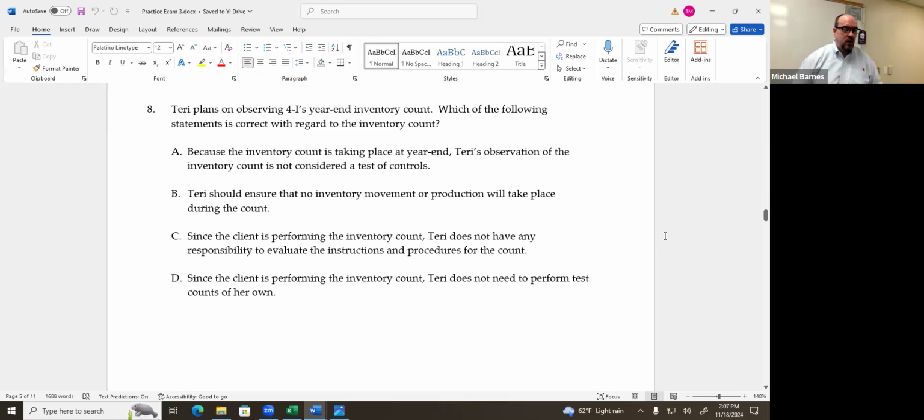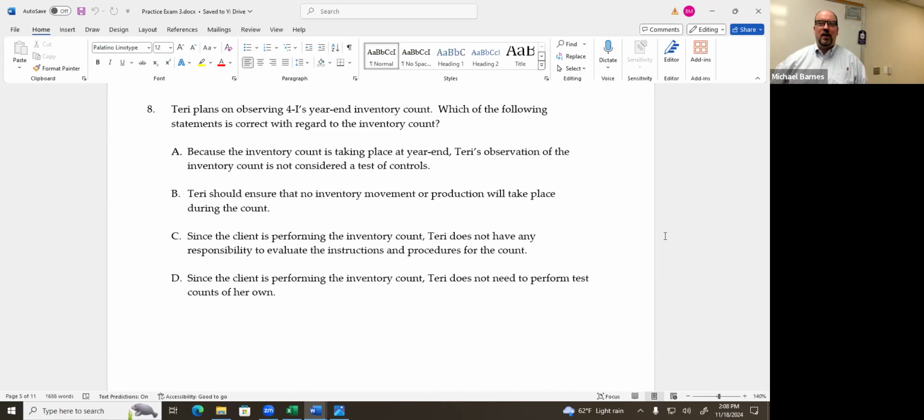Since the client has performed the inventory count, Terry does not need to perform test counts of her own. Is that an accurate statement? It is not, because we already know that B is the accurate statement. What's wrong with D? So what is an inventory count? If we're the auditors and we go in and observe the client perform the inventory count, what are we doing? We're observing, okay? How high is the reliability of observation?